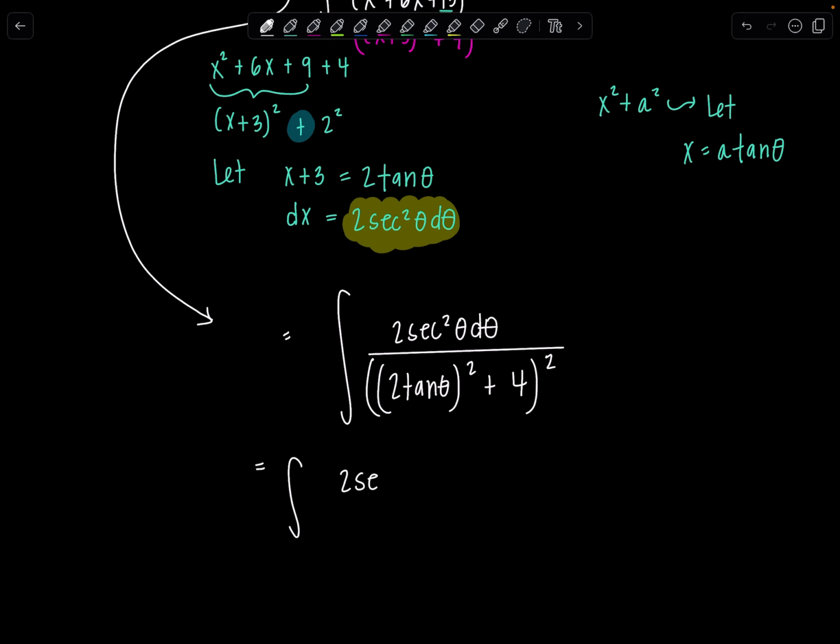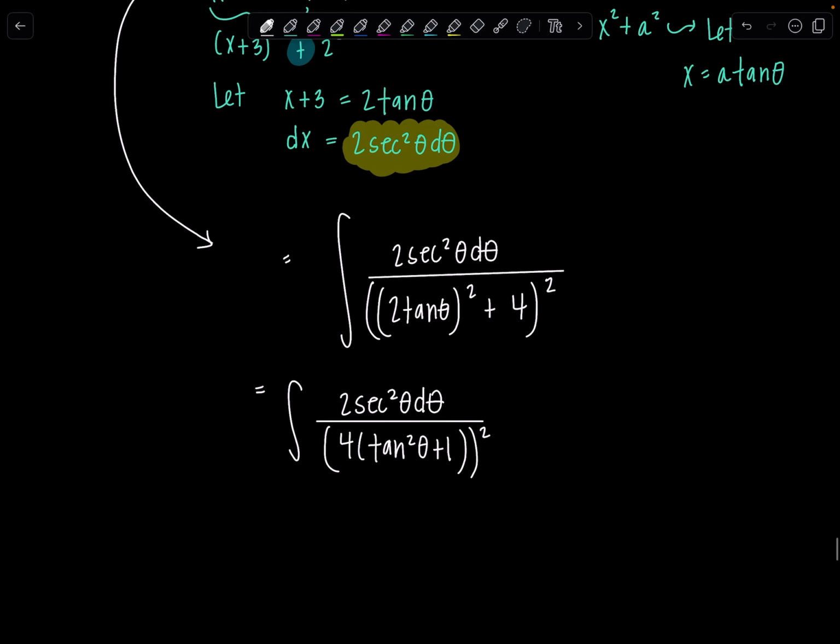So this is 2 secant squared theta d theta over, this will be 4 tangent squared theta plus 4. So I can factor the 4 out. And then I have tan squared theta plus 1. And then all of this is still squared again, right? Beautiful.